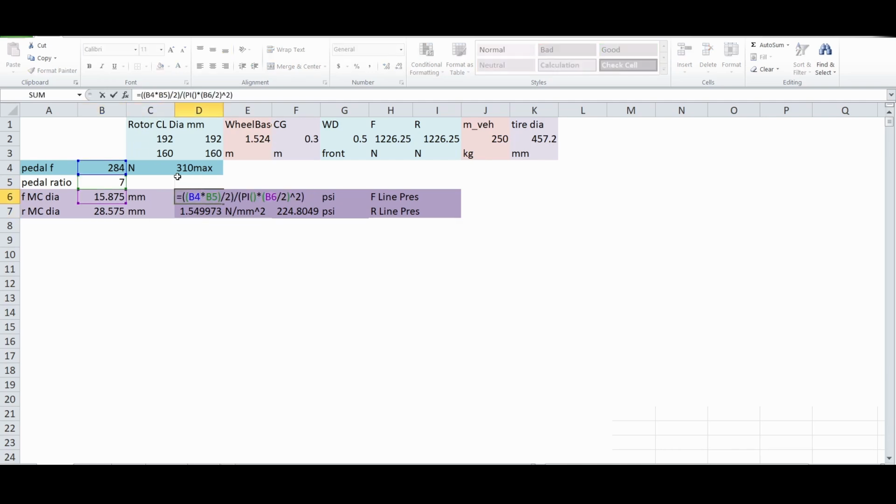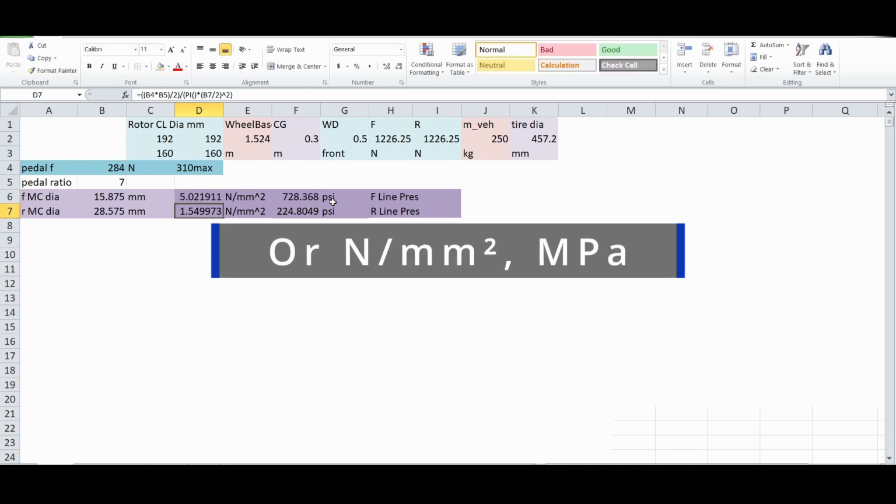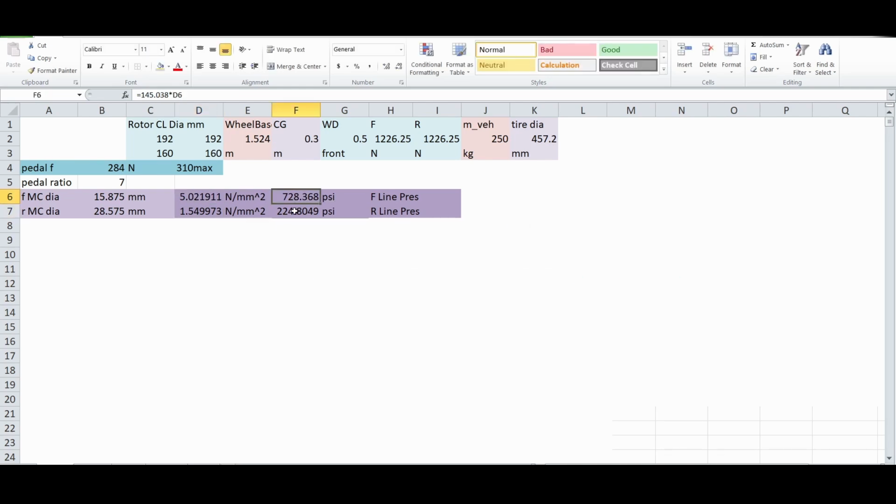So if we take the pedal force times the pedal ratio and divide by 2, because that force is getting split into the front and rear master cylinders, divided by pi r squared of the master cylinder diameter, which is area. So you have a force divided by area, you're getting PSI, so the line pressure for the front. Do the same thing and you get a line pressure for the rear.